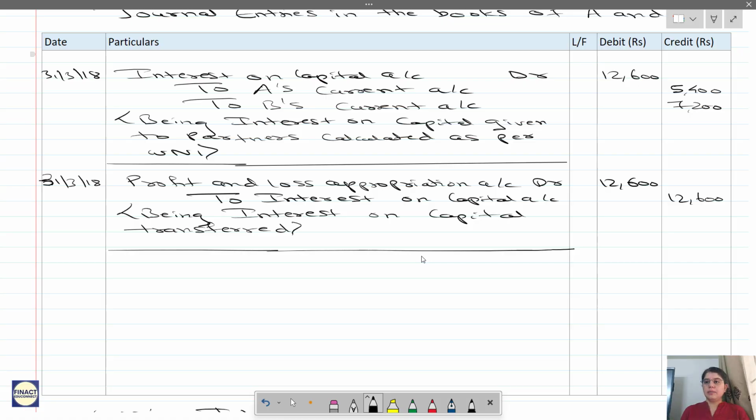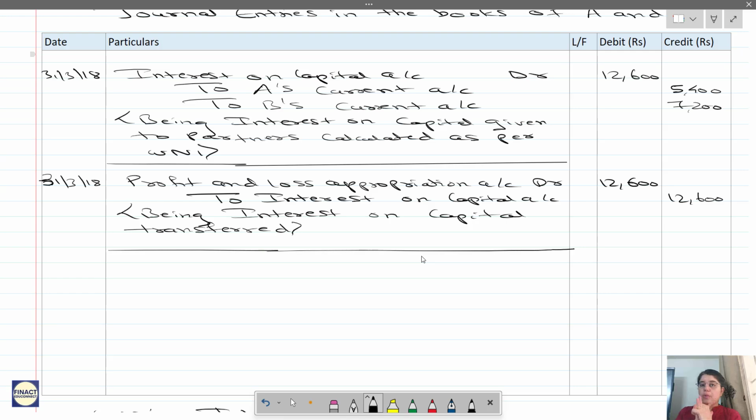Is this clear? Now with this we have ended one part. This basics of partnership chapter has three main topics. First was all the basics of partnership, wherein we learned how to calculate all the appropriations.